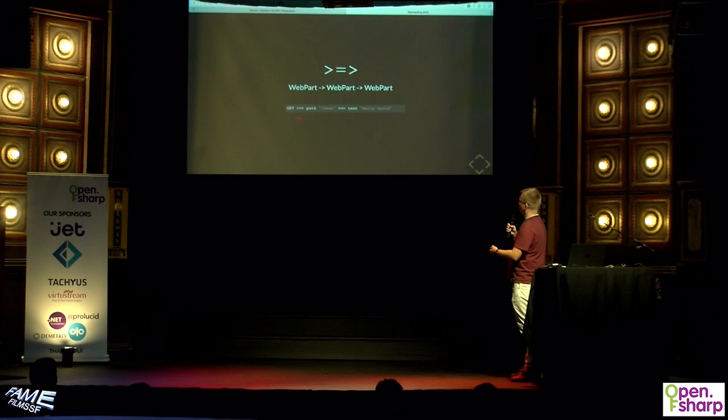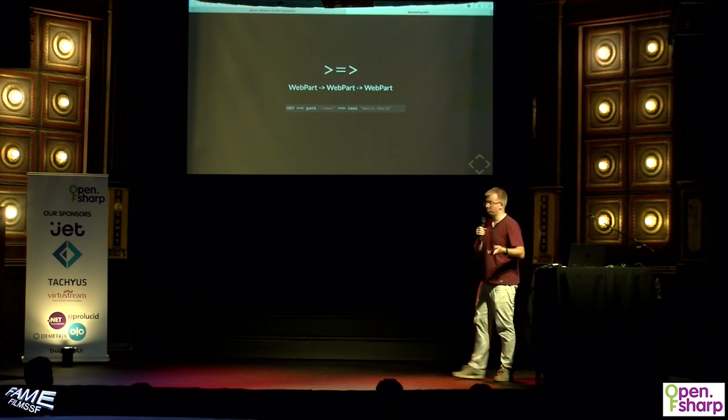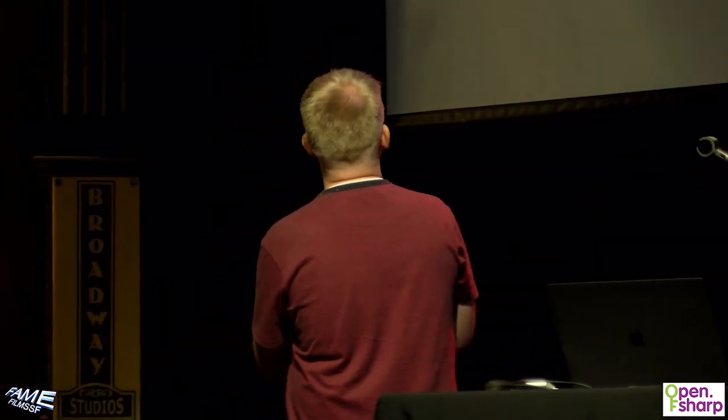It pushes it to the path web part, which will check if the URL is test. If it is test, then it will push the HTTP context to the last web part. The last web part is text, and this is the web part that actually modifies the HTTP response and puts some text into it, hello world. So that's one operator.